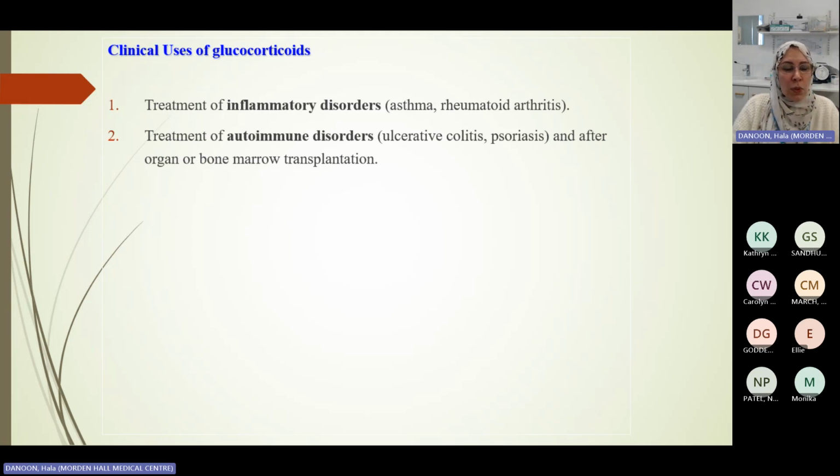It is also used for autoimmune disorders like ulcerative colitis and psoriasis, and for organ or bone marrow transplantation, because we are using it as an immunosuppressant. It also has use as an antiemetic in cancer chemotherapy, mainly dexamethasone. So you'll find it as a supplementary medication for patients who are taking chemotherapy.